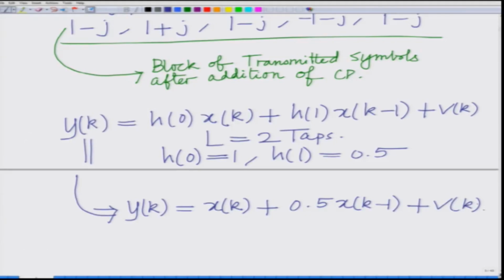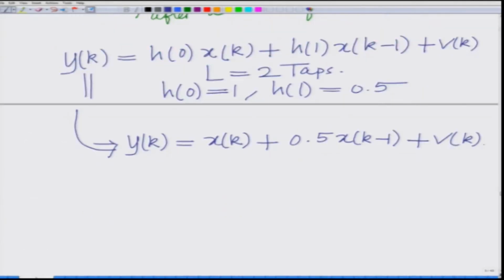This is your 2 tap ISI channel, where ISI stands for intersymbol interference.